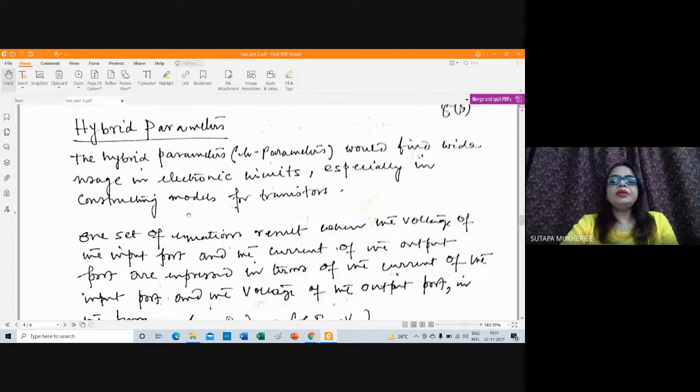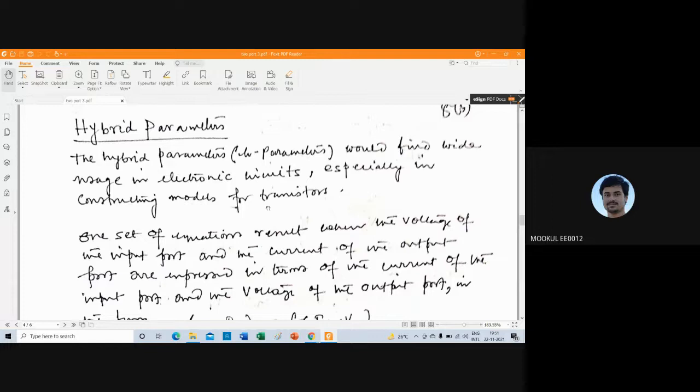So can anybody tell me what is hybrid parameter and what is the use of that? I think sir has told you during analog electronics, transistor, and during the model of transistor he has introduced you to the hybrid parameters, right?